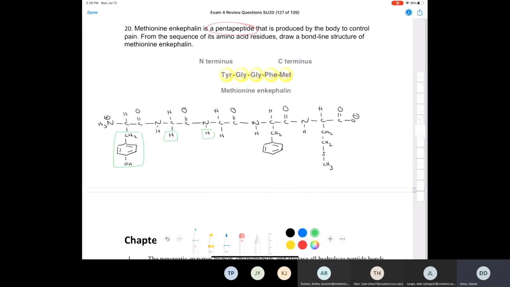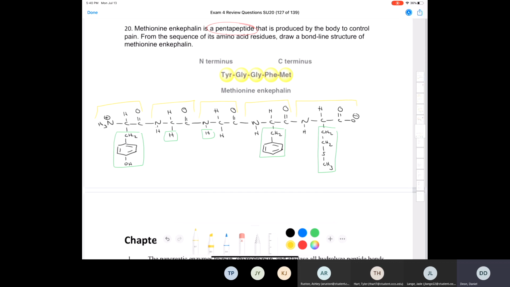Hydrogen is the R group of glycine. The CH2 followed by an aromatic ring is the R group of phenylalanine. And this sulfide is the R group of methionine. Again, if you're a little confused, here's our first amino acid, here's our second, here's our third, here's our fourth, and here's our fifth.